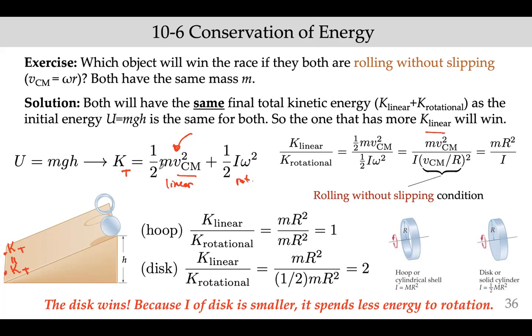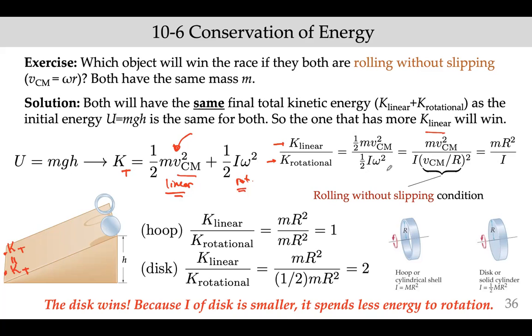So we can solve this by basically looking at the ratio of the linear part of the kinetic energy to the rotational part. So let's calculate linear divided by rotational. And I'm going to keep the calculation general, not specifically for one of these. So the linear part is 1/2 m VCM squared, and the rotational part is 1/2 I, which is moment of inertia, omega squared.